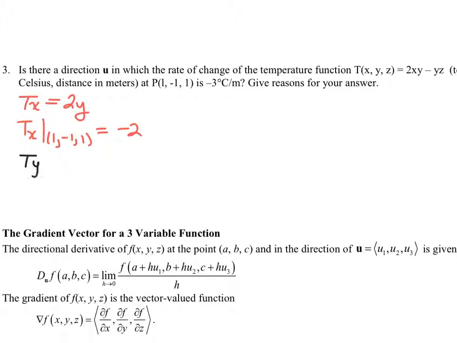Partial with respect to y would be 2x minus z. So 2 minus 1, I believe, is 1. And then partial with respect to z. That's just going to be a negative y, right?